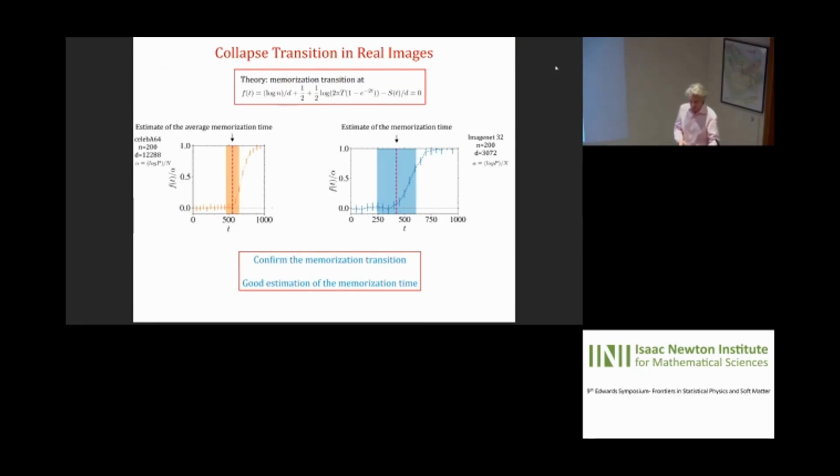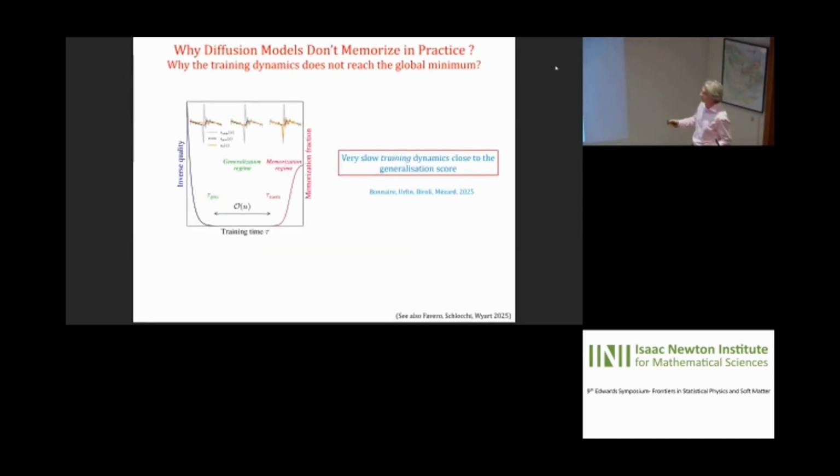This would seem pessimistic, but what we did is make the hypothesis that the system is learning the perfect score, given the training set. And this is clearly not what's happening in real life. So the question is why diffusion models don't memorize in practice.